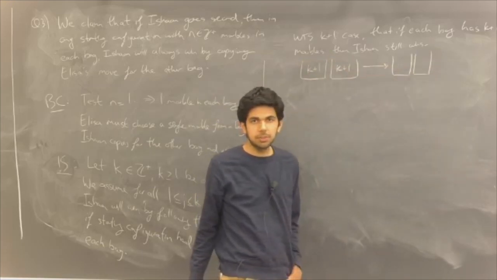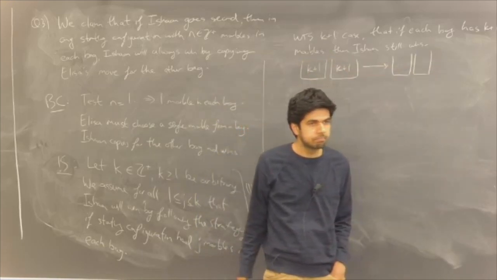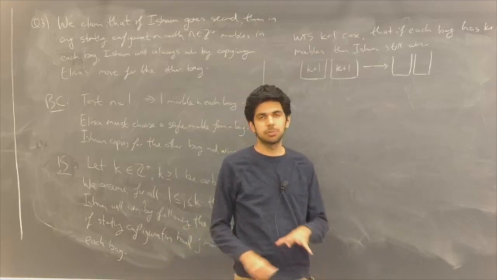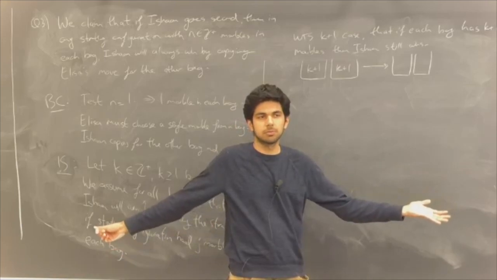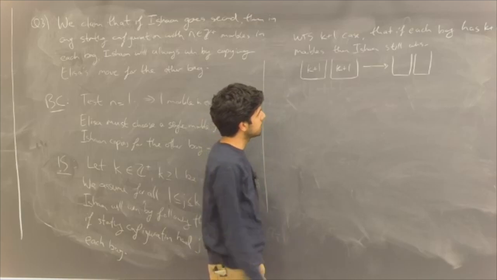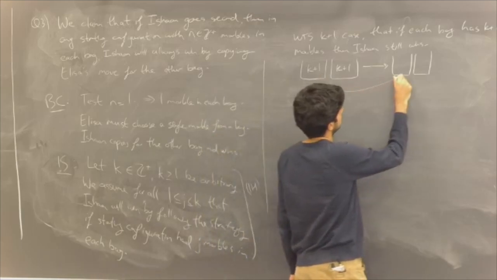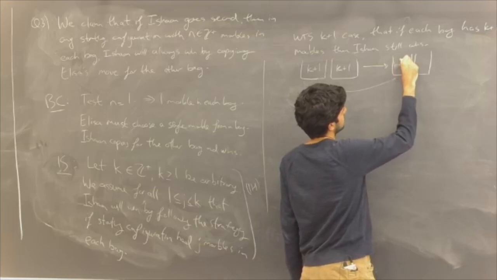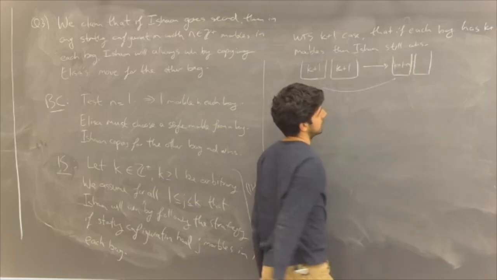So we start with k plus 1 in each bag, and we don't know much. All we know is Alyssa is going to remove some amount of marbles from one of the bags. Suppose she removes m marbles from the first bag. Then this bag has k plus 1 minus m marbles in it.